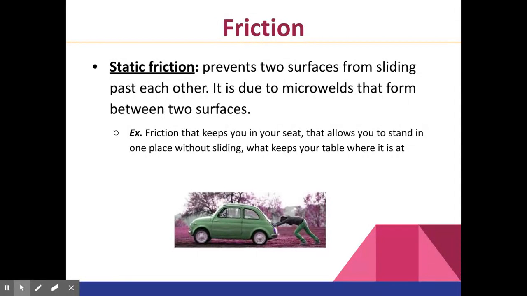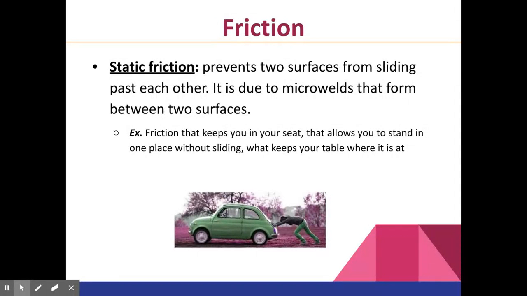So you sitting in whatever seat you're sitting in right now, what's allowing you to sit there and not slip and slide everywhere is static friction. It's just an amount of force that needs to be overcome in order to move something. It's the friction that keeps you in your seat, it's what allows you to stand in one spot without sliding, and it's what keeps whatever table you're at there.